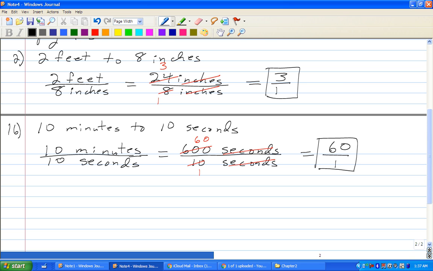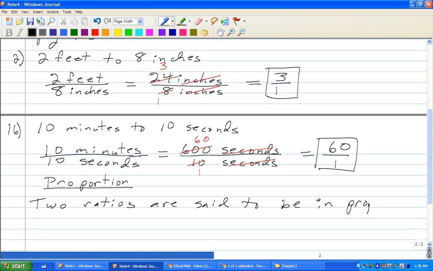A proportion. And so, two ratios are said to be in proportion if these two ratios are equivalent fractions.